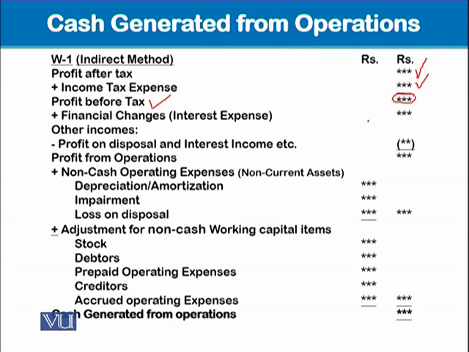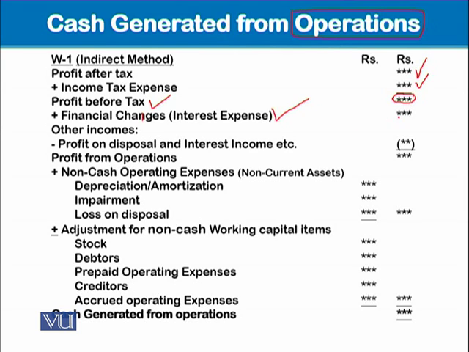So what we do, in a way, as I have already told you, that we are calculating cash generation from operations, and operations cover sales, cost of goods sold, and operating expenses. Financial charges are also not the expenses which come under operations.